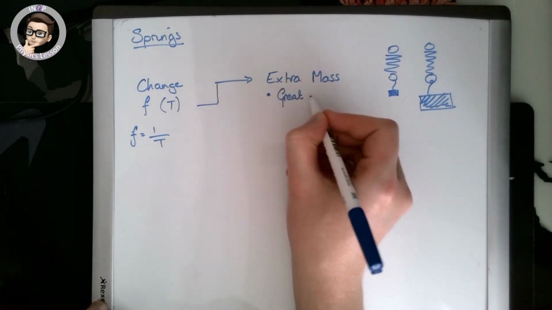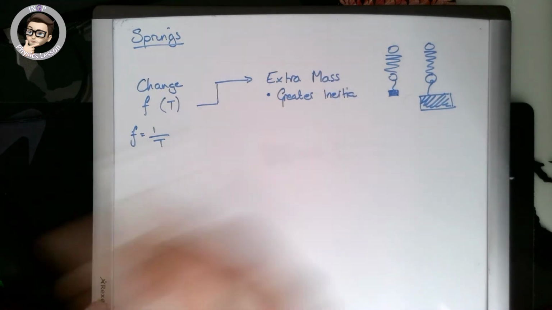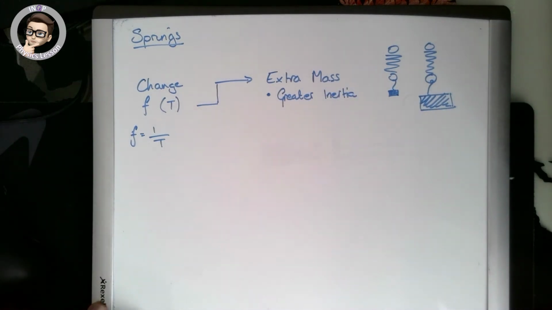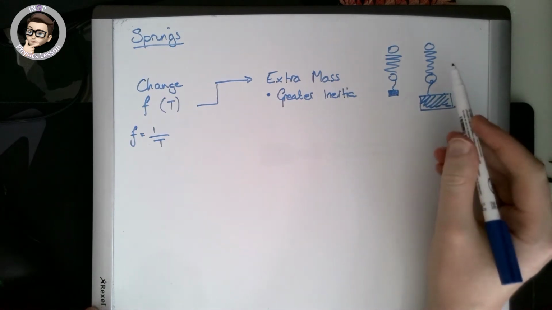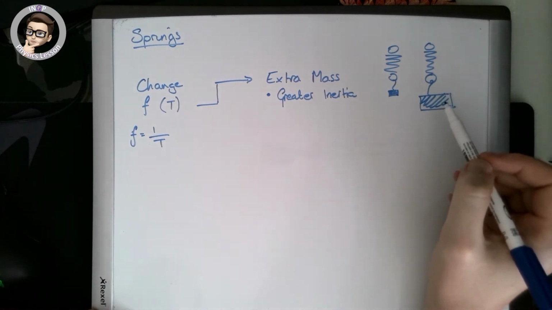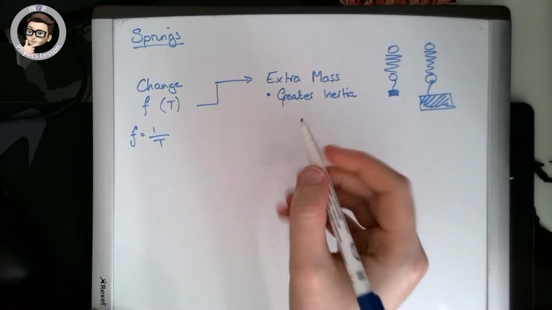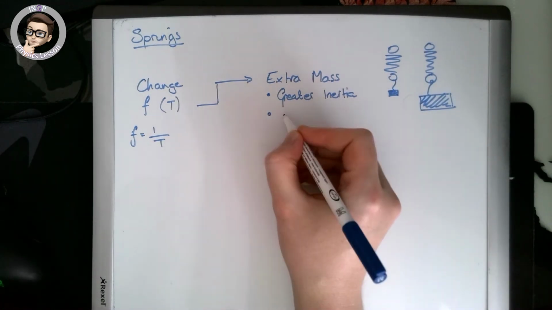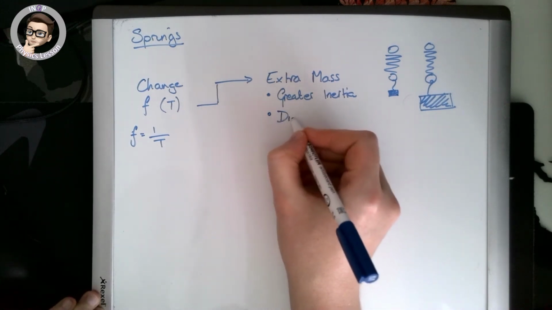And the greater the inertia, the more it kind of wants to move and the harder it is to stop it moving. So if it's got a greater inertia, it's going to be slower to turn around. Okay, it's going to be harder to turn it around. It means it's going to be slower to turn it around. So the displacement is going to take longer.